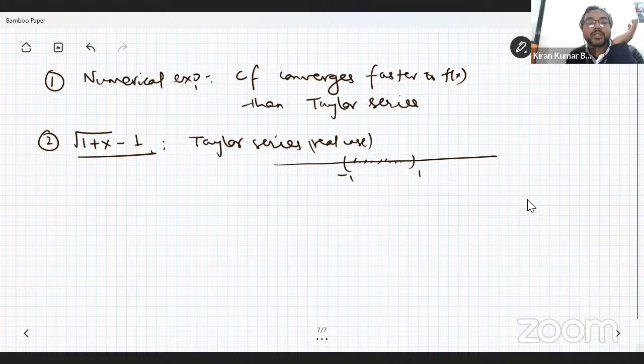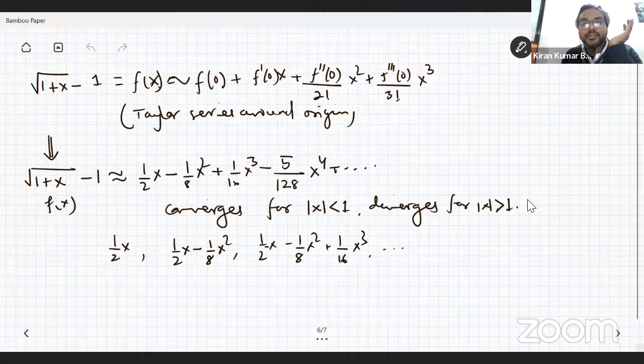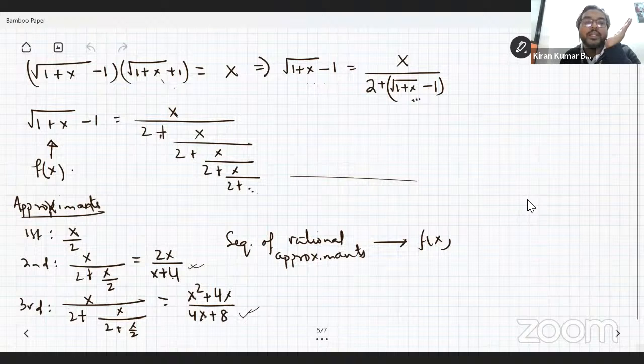But for the continued fraction, real case, it will converge for all numbers greater than minus 1. For example, in this Taylor series, if I put x equal to 3, it doesn't make sense because this series converges only for mod x less than 1, right? So x equal to 3 doesn't make sense in this case, but x equal to 3 makes sense in the continued fraction or in the series of these rational approximants.